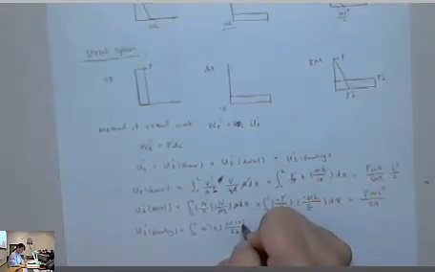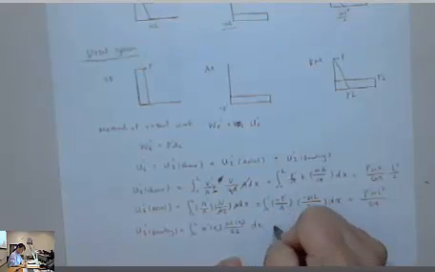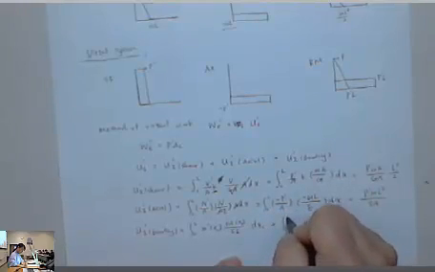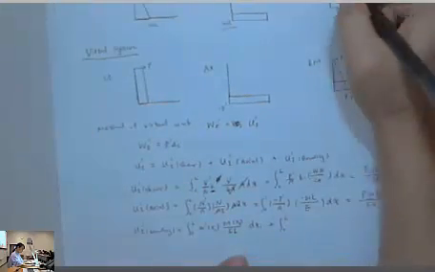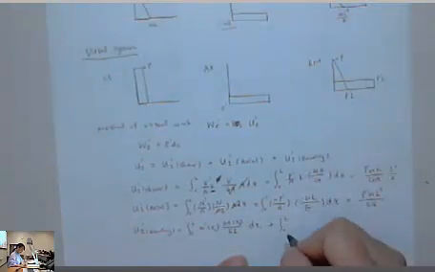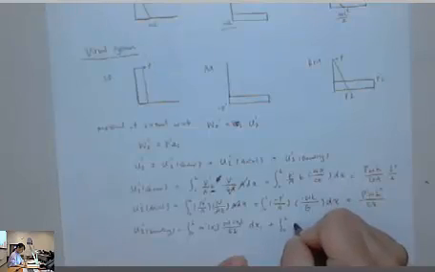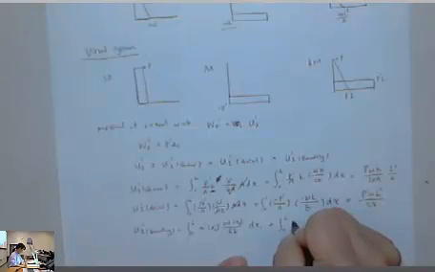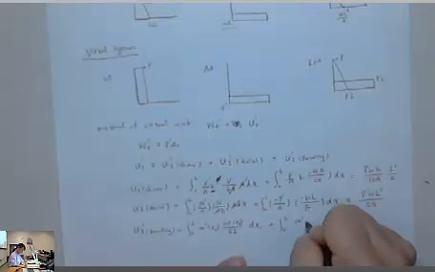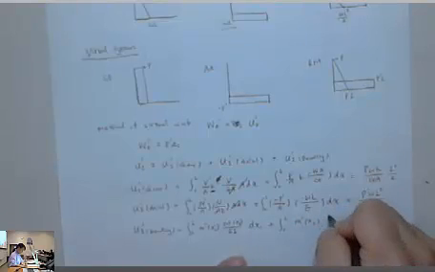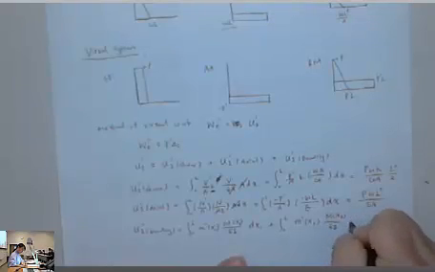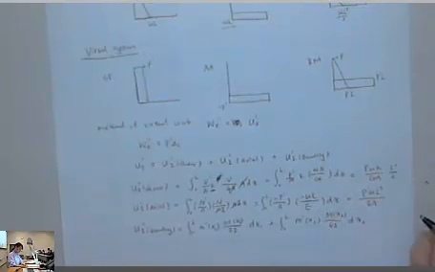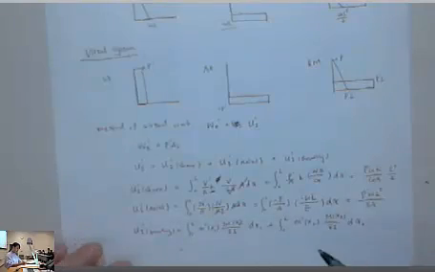So this will be x1 over the second member is also from 0 to L. Okay.